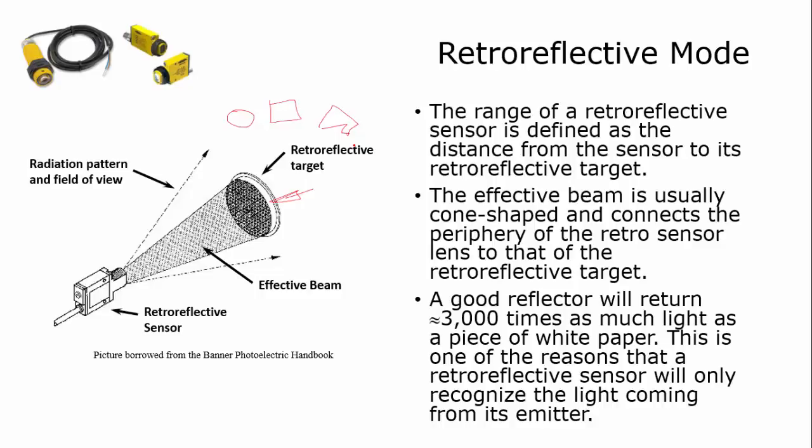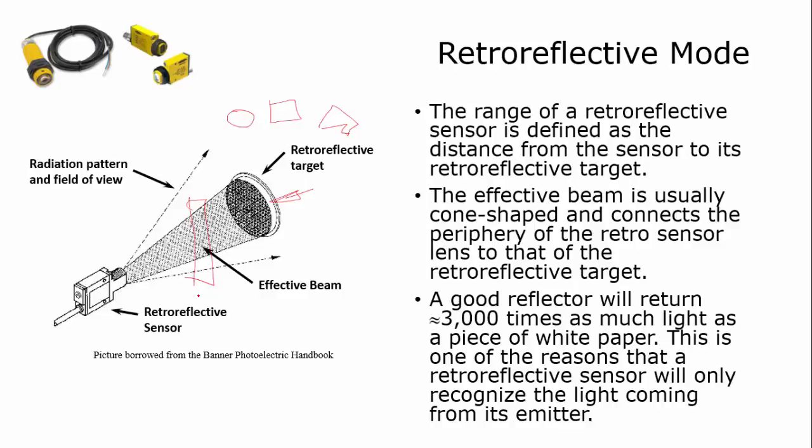That's an odd pattern there, but just to show you that that would be the shape of the beam. And as long as the light coming out to the reflector is completely broke, if this effective beam is completely broke, the sensor will still sense.